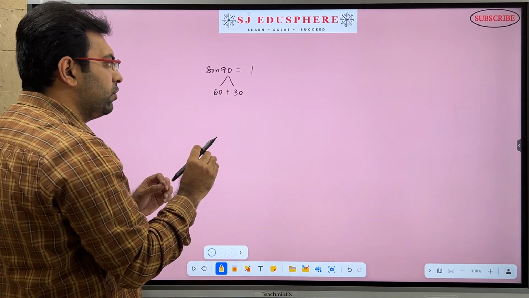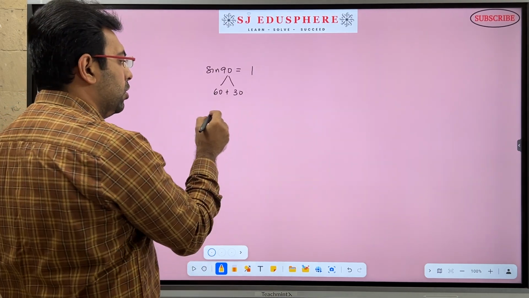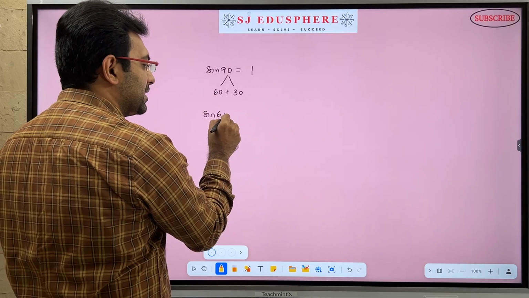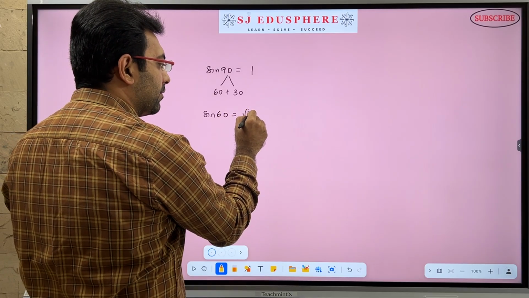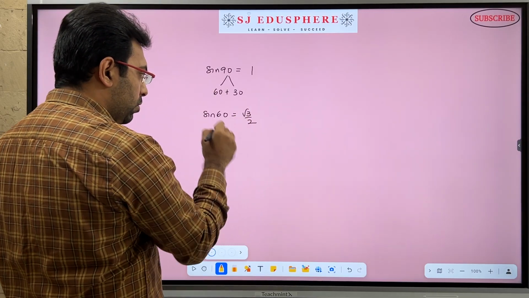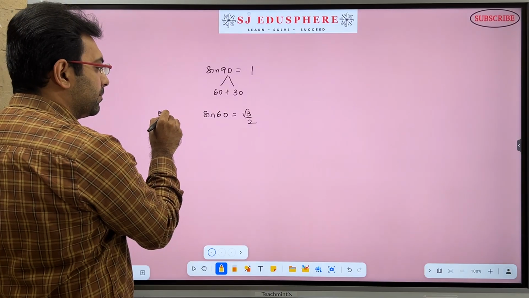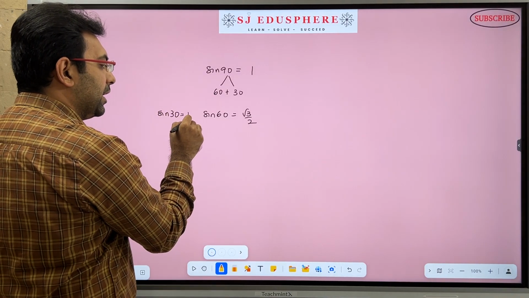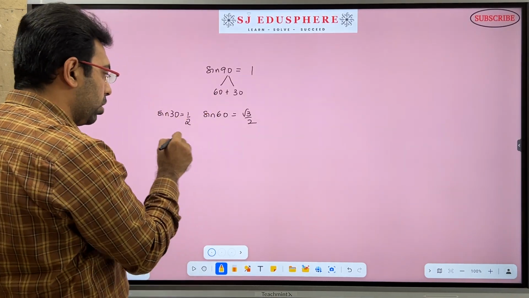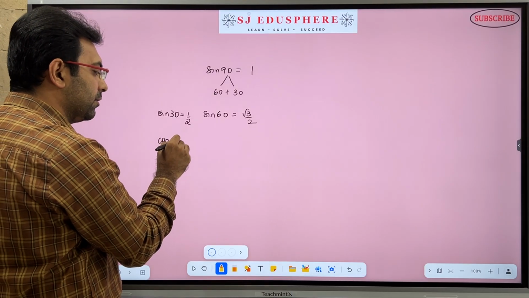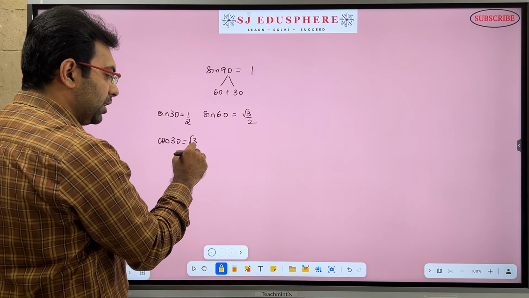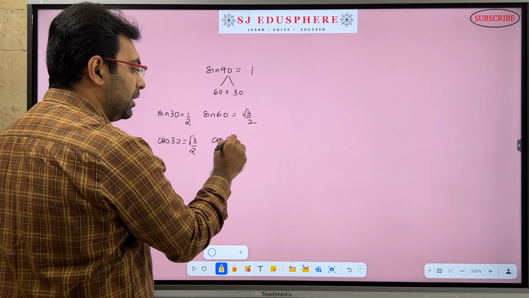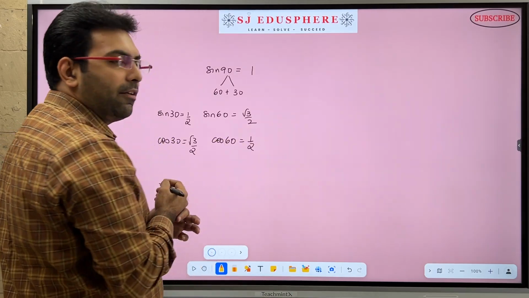A few values which we already know: sine 60 is root 3 by 2, sine 30 is half, cos 30 is root 3 by 2, and similarly, cos 60 is half.